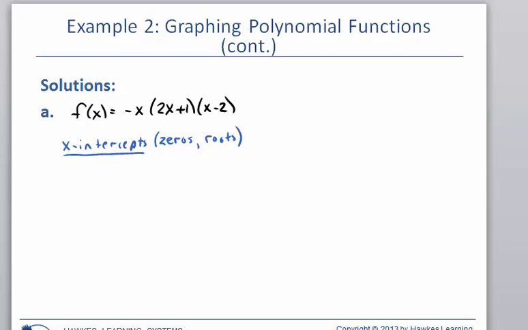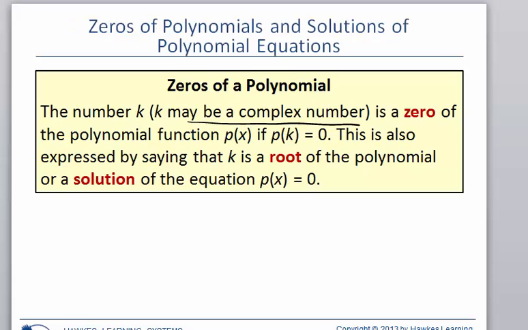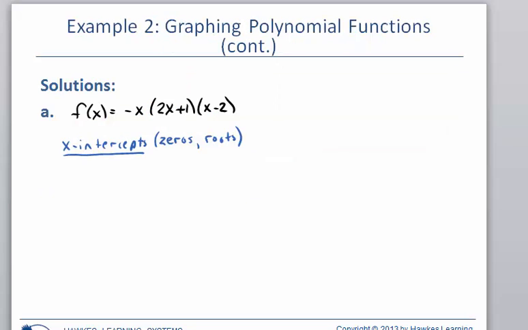All right, so remember that when we are finding the roots or the x-intercepts, our approach is to set our function equal to 0. So let's do that. Let's take our function. For our x-intercepts, we're going to set the y equal to 0.